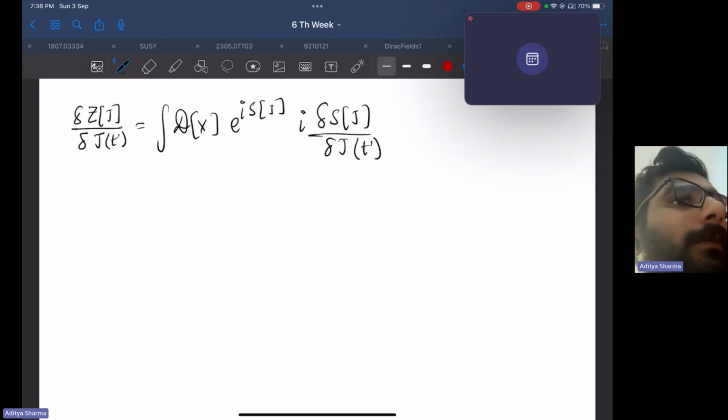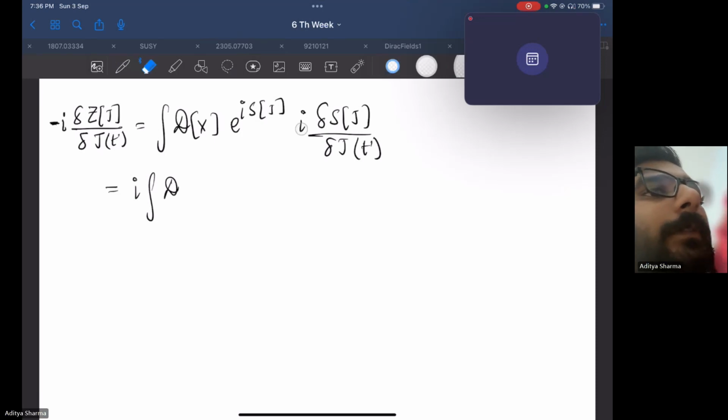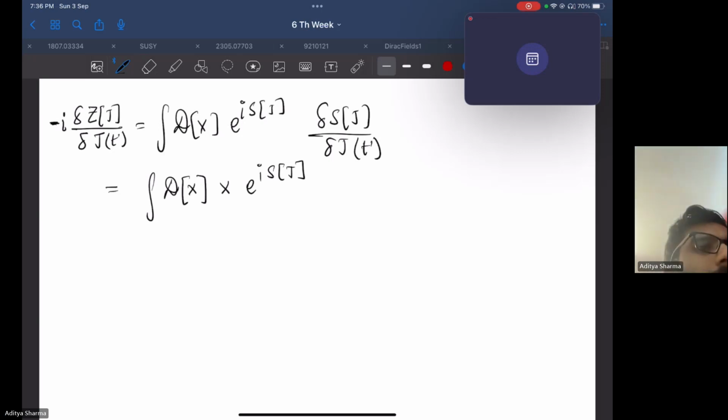And this is going to give me nothing but an extra i. I'll put a minus i here. So this goes away, this goes away. Going to give me an x here. Okay.